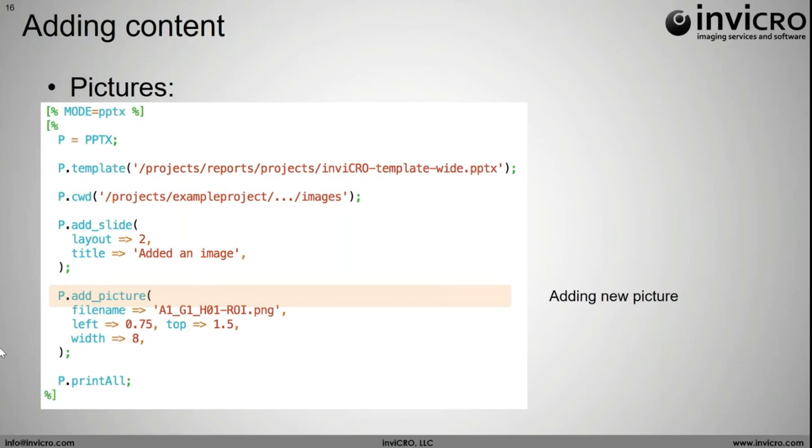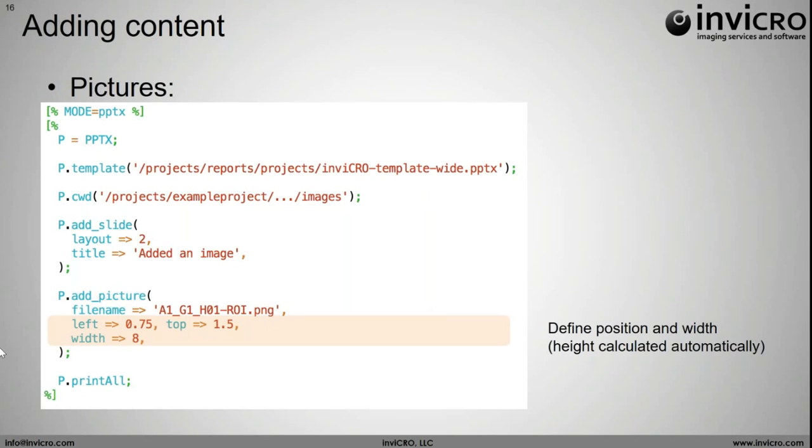And then we're adding a new picture with the add picture function. It always adds pictures to the last slide you have added, if you haven't told it otherwise. So you just start with an add slide, and then you do an add picture, and it will be put on that slide. You give the file name. In this case, we can get away with the relative path, which just shortens the whole thing.